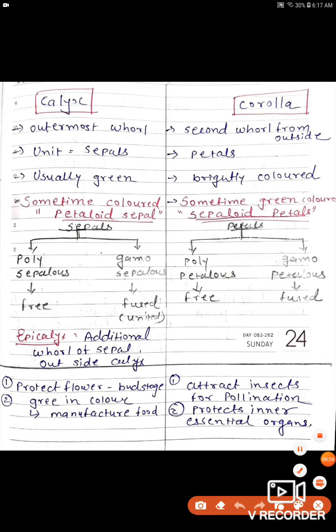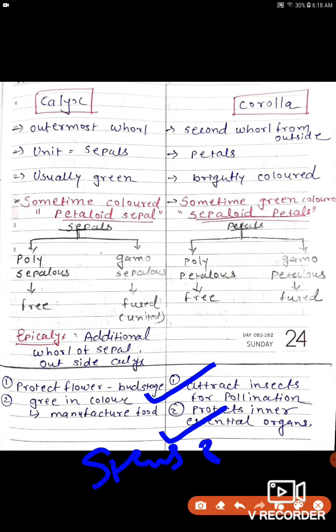Because they are bright in color, they can attract insects for pollination. And it's the second whorl from outside, so obviously they can protect the inner essential whorls. What are the inner essential whorls? Androecium and gynoecium, and the units of them are stamens and carpels. So they can protect the stamens and carpels.